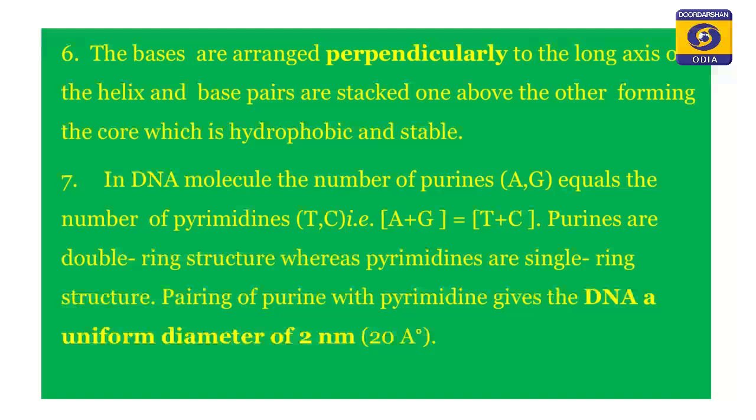DNA is very stable because water molecules are excluded from the hydrophobic core. And further in DNA, purines and pyrimidines, its molar concentration is well explained, and pairing of purine and pyrimidine gives DNA a symmetrical structure and its uniform diameter of 20 angstrom.